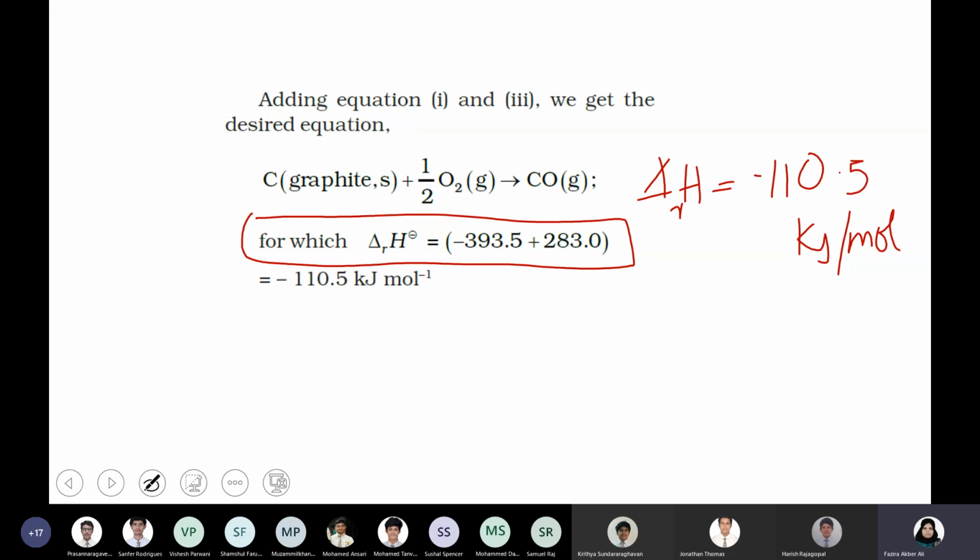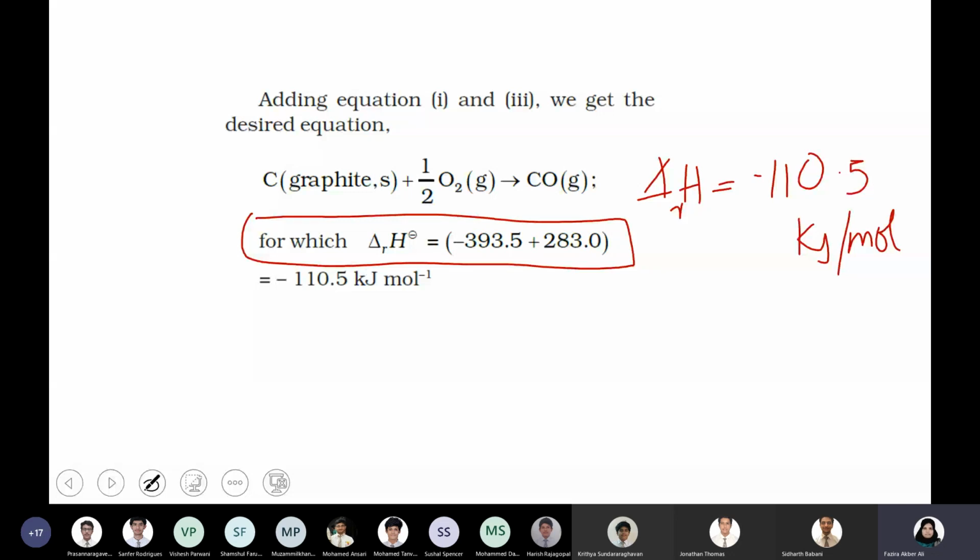Ma'am, after adding, we have to balance again, right? It will be automatically balanced, no, if you're adding them? Oh, okay. Yes, Siddharth? Because on one side it was oxygen, the other side it was half O2. So half O2 will get cancelled.